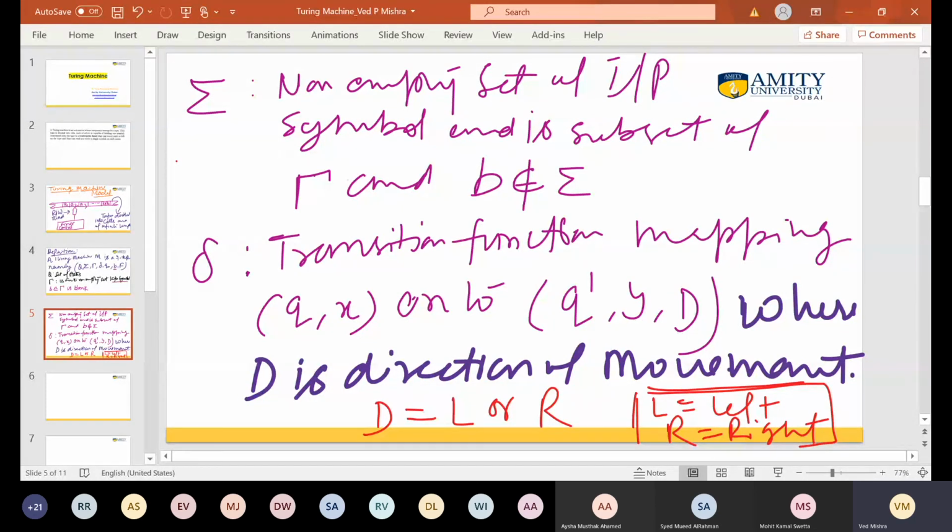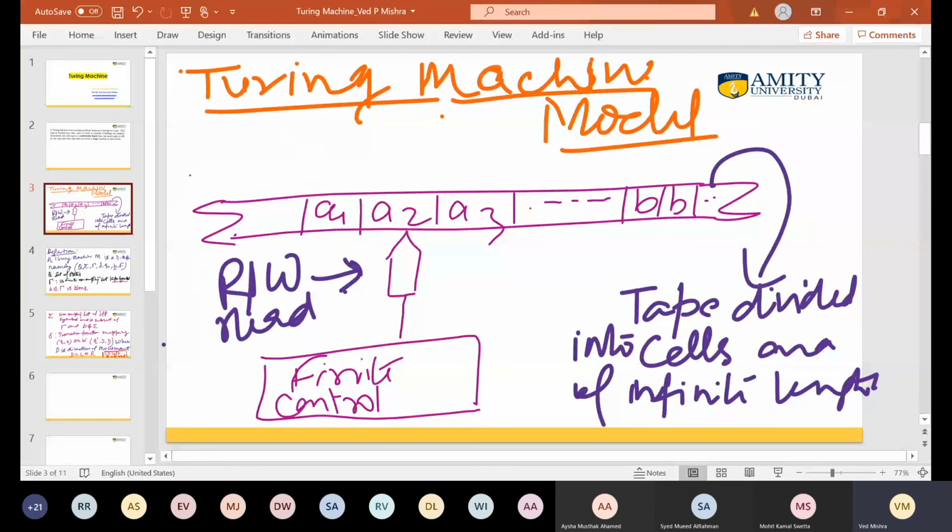So what is this Q x onto Q dash Y D? I will explain this with one separate example, then you will understand. Suppose that your finite control is on the state Q, and at the place of A2 it is X. So we write delta of Q, X, meaning the state Q is reading the X symbol. And what are you getting?